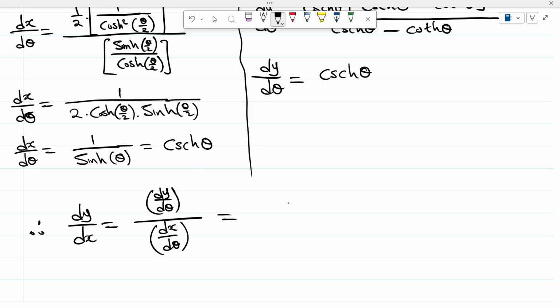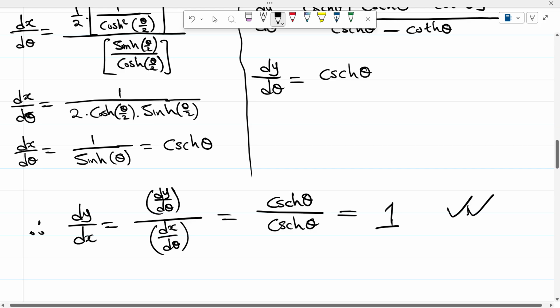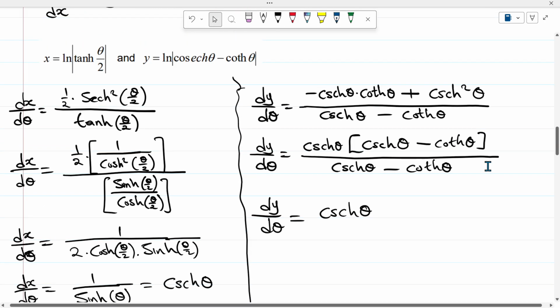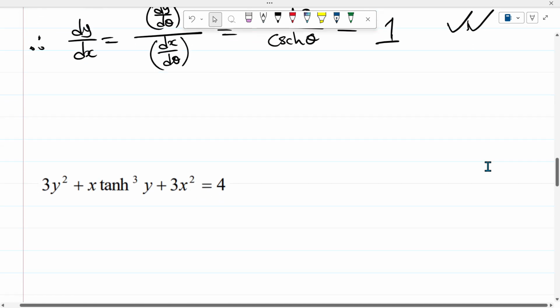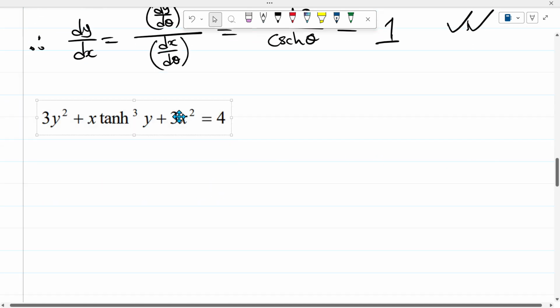We just substitute there, which is just hyperbolic cosec of theta divided by hyperbolic cosec of theta. Then this gives you your 1. And then ta-da! This should be your answer. Nothing more.